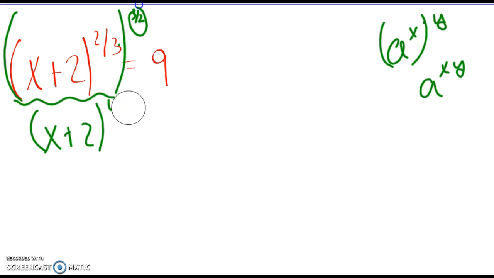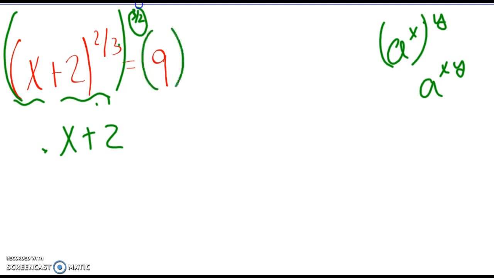So therefore, I have now got my power down to 1, which means the exponent doesn't even really exist. So I have just plain x plus 2, which is beautiful in terms of solving. But what I do to one side, I must do to the other. So I now have 9 to the 3/2.